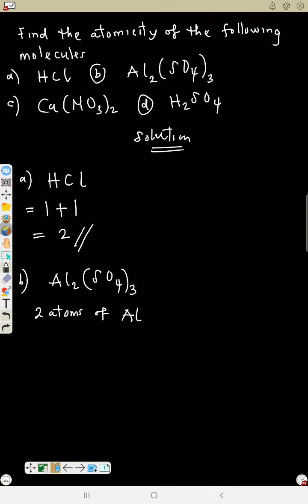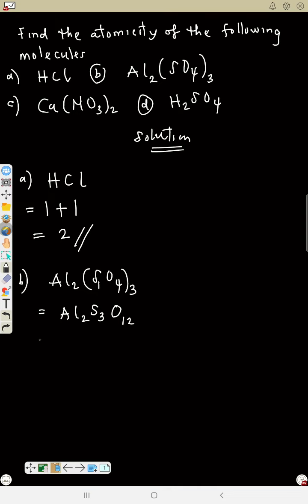Anytime you have a subscript outside a bracket, that 3 will multiply everything in the bracket. What do you have as the subscript for S here? It is 1. So this is the same thing as Al2 S3, that is 3 times 1, which is 3. Then O12, that is 3 times 4, which gives us 12.